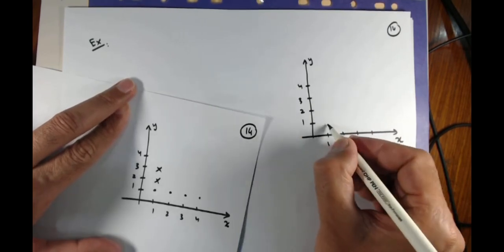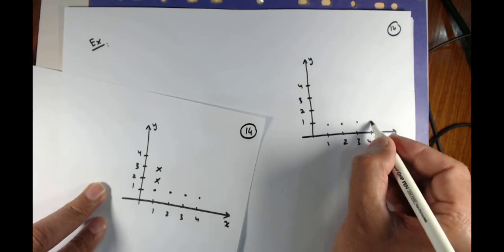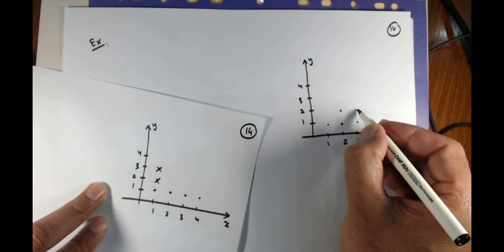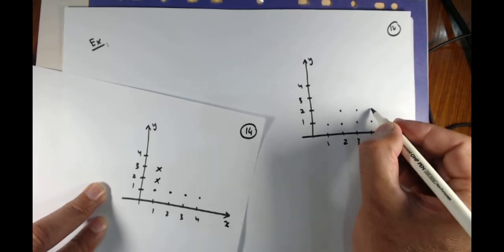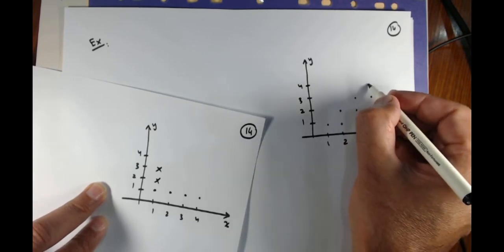The points are x equal to 1, y1; x2, y1; x3, y1; x4, y1; x2, y2; x3, y2; x4, y2; and then these two, and then this particular point.